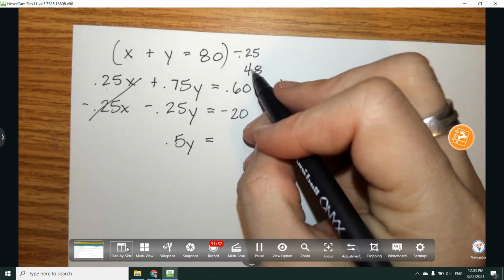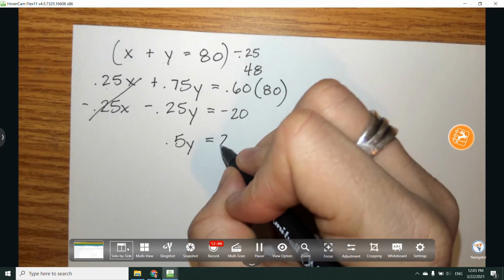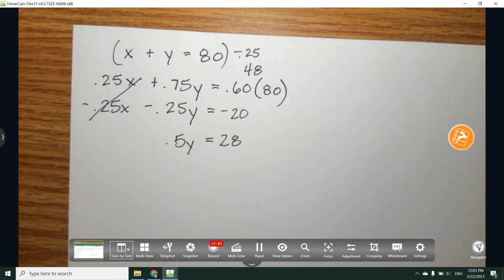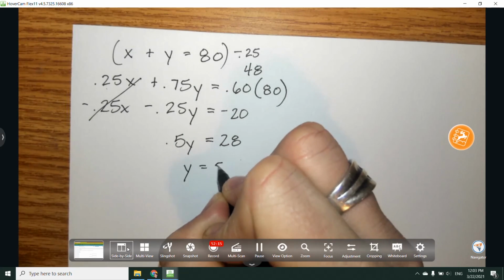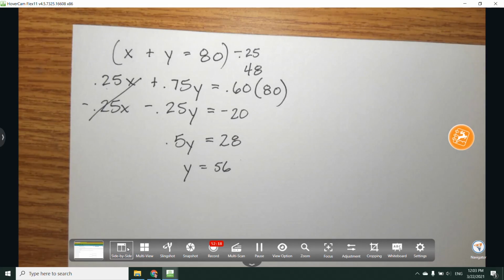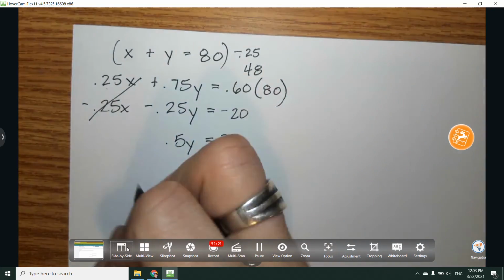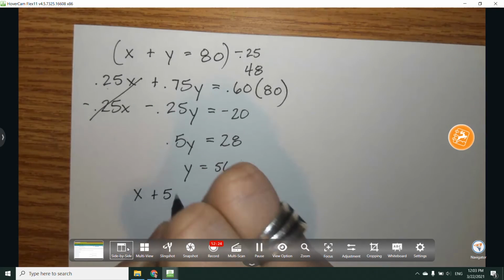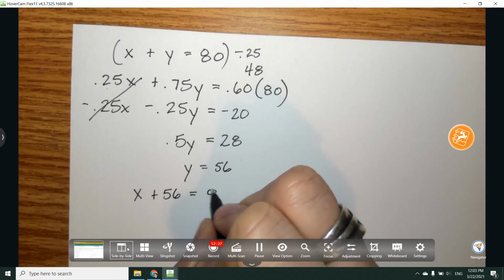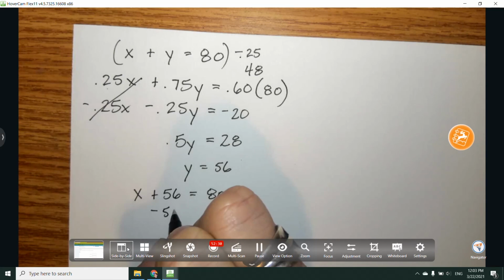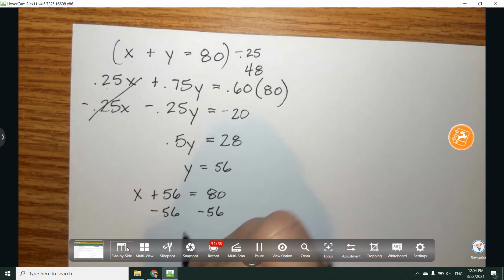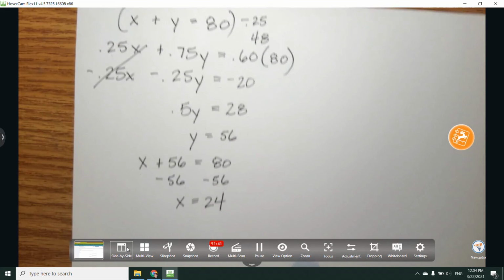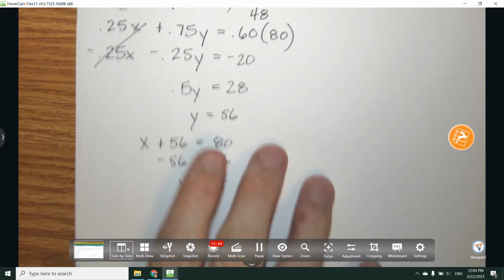And this equals 28. So then we'll just divide both sides by 0.5. And this one actually turns out to be okay. It's just 56. So we're going to plug in 56 to this y. We get x plus 56 equals 80. And then we're just going to subtract 56 on both sides. And we're going to find out that x equals 24, where x was our 25%.